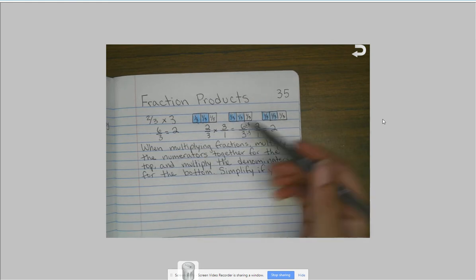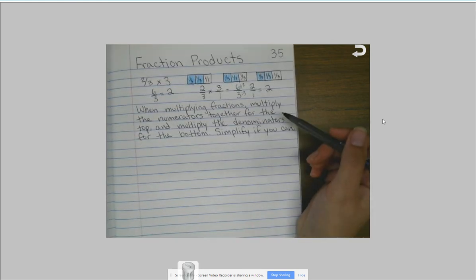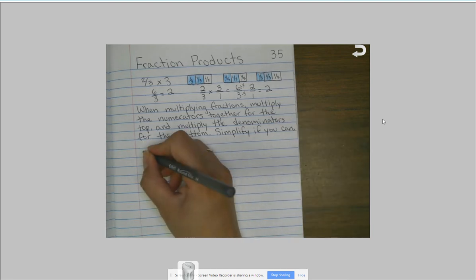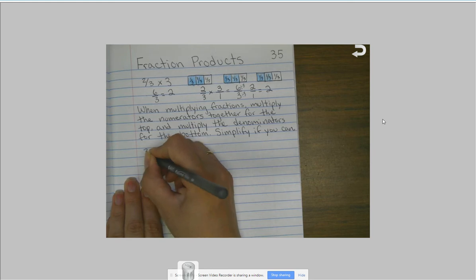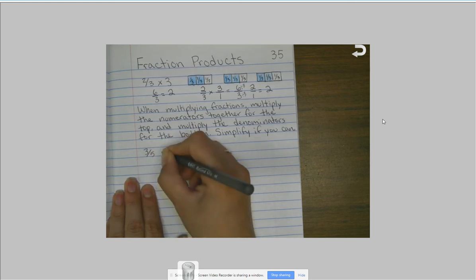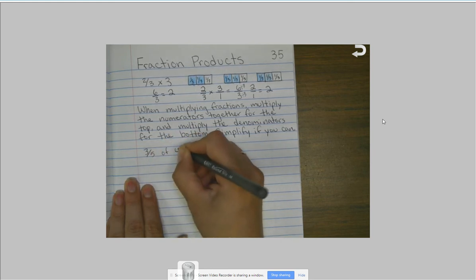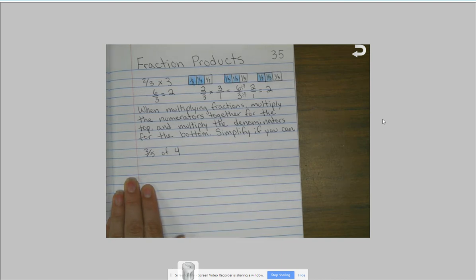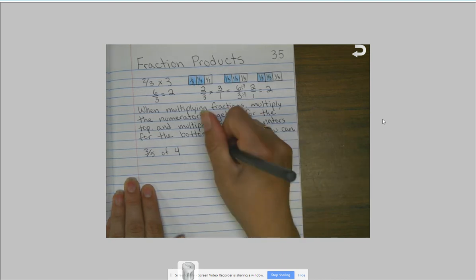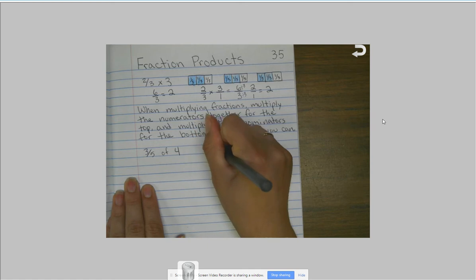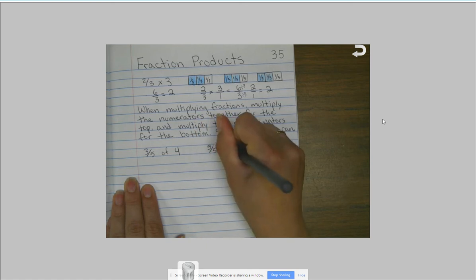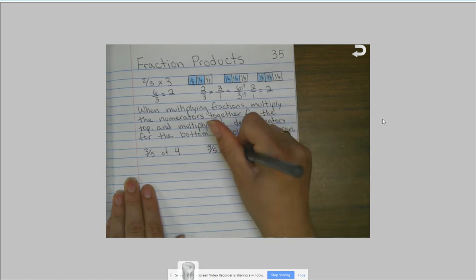Okay, so let's skip a line, and I want you to write, find 3/5 of 4. Okay, what does of mean in math? It means times. So another way to write this would be 3/5 times 4. Okay, I need to have 4 groups.